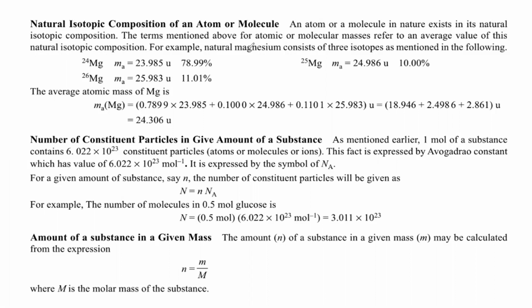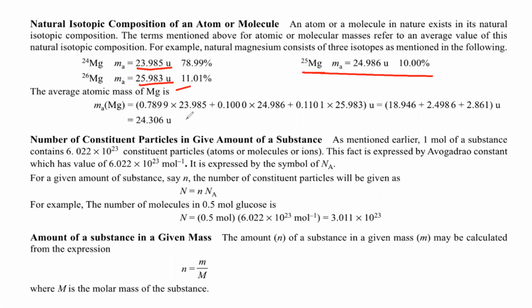For example, natural magnesium consists of 3 isotopes: magnesium 24, magnesium 25, and magnesium 26. The mass of magnesium 24 is 23.985 U, and 78.99% is magnesium 24, 11.01% is magnesium 26, and magnesium 25 is 10%. So we have to find the average atomic mass of all these three.